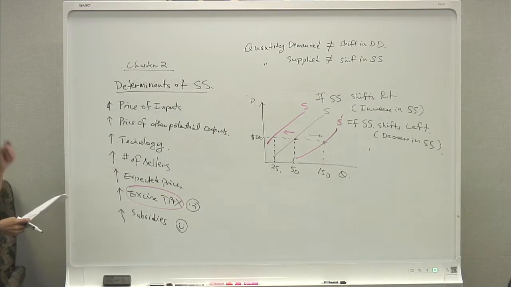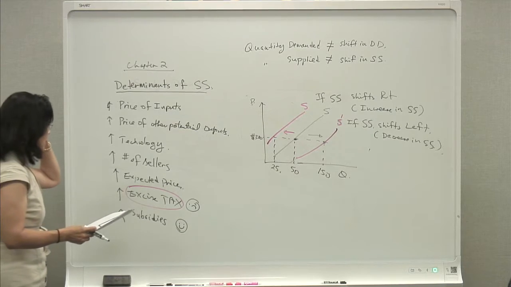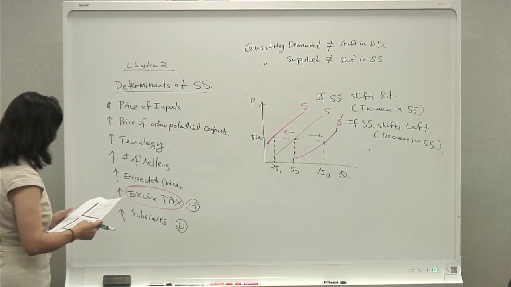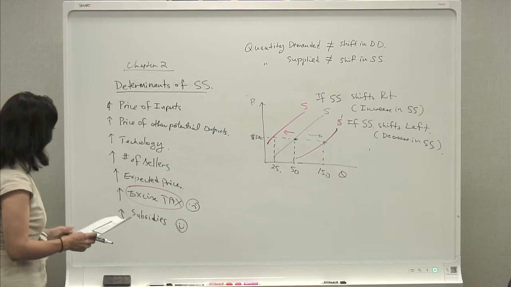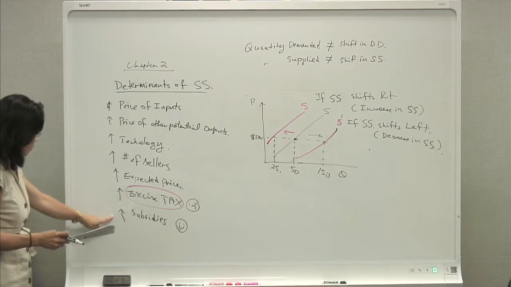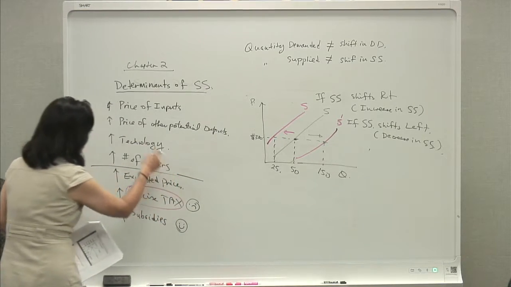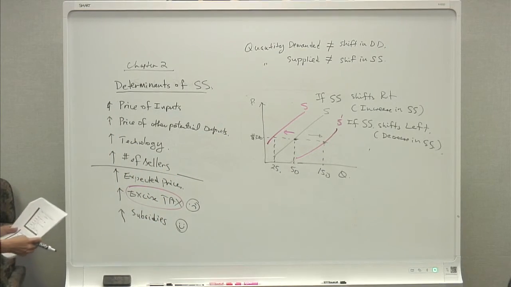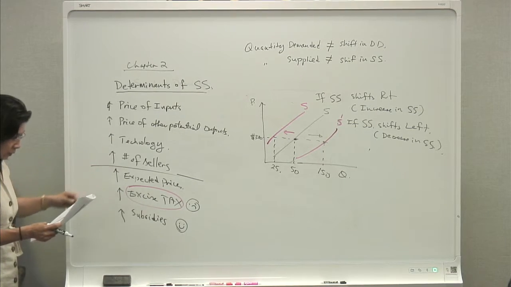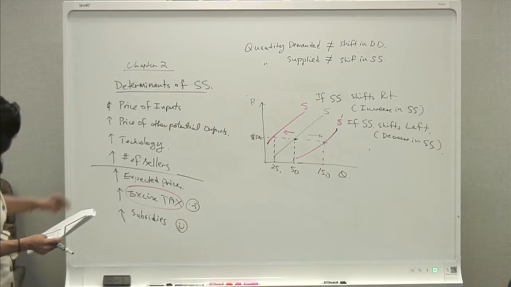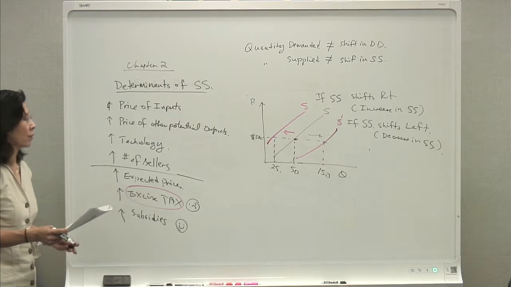Okay. So again, as you can see, the last three are the same. So I could draw a line here, same as the determinants of the demand curve. But the first four are different. We've got about 7 determinants or factors here.